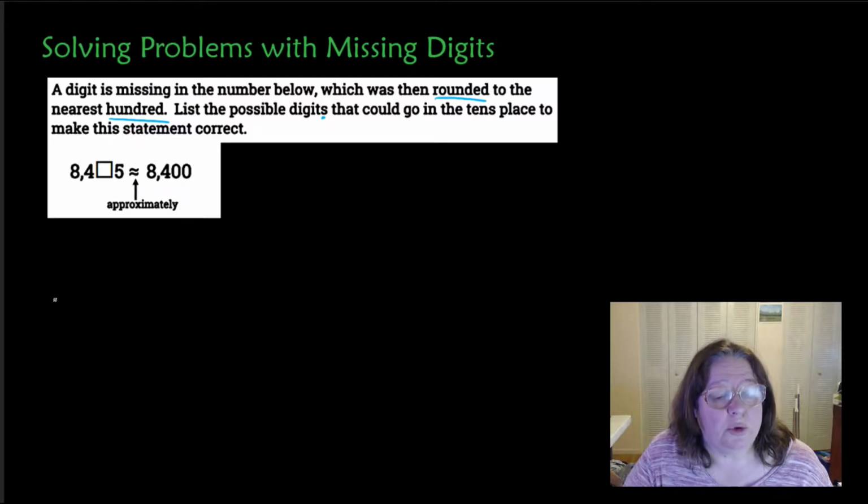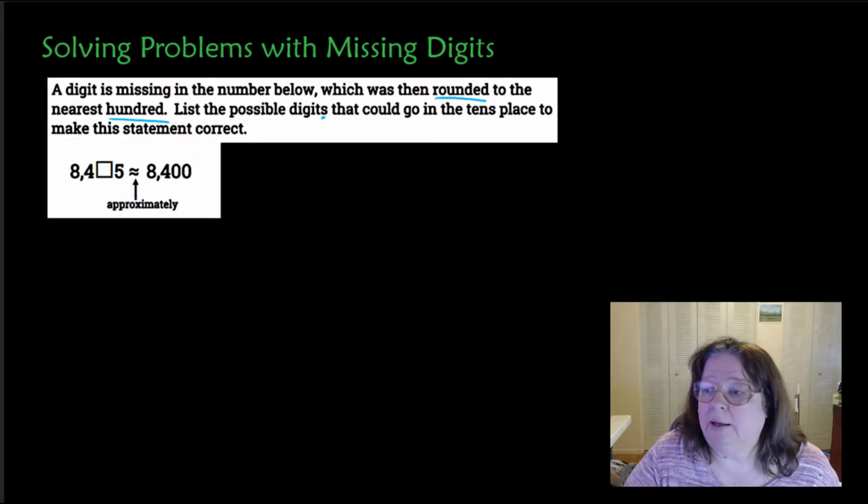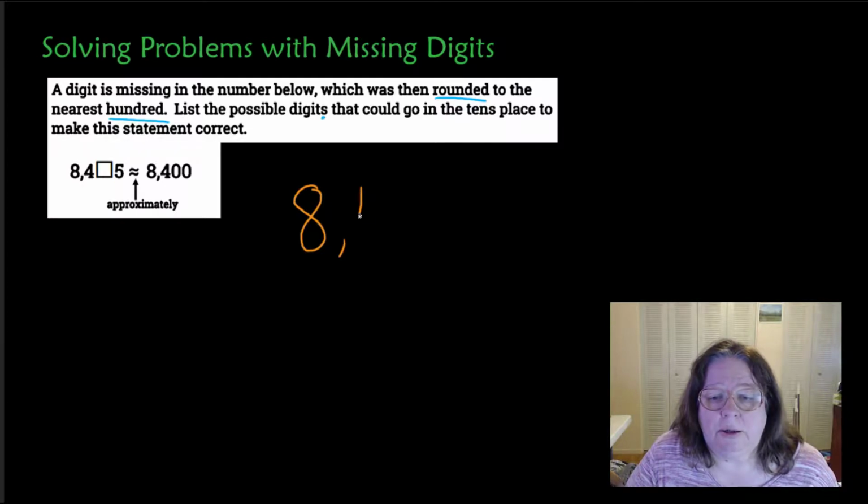So we know there's more than one answer. We know that whatever this number was, it rounded to the nearest 100 is 8,400. Well, what do we know about rounding? I'm going to write this number here, 8, 4.